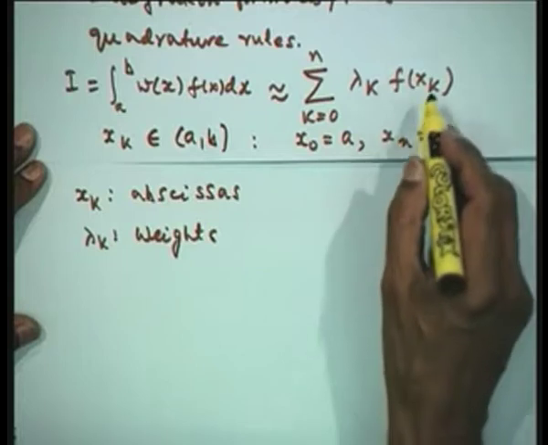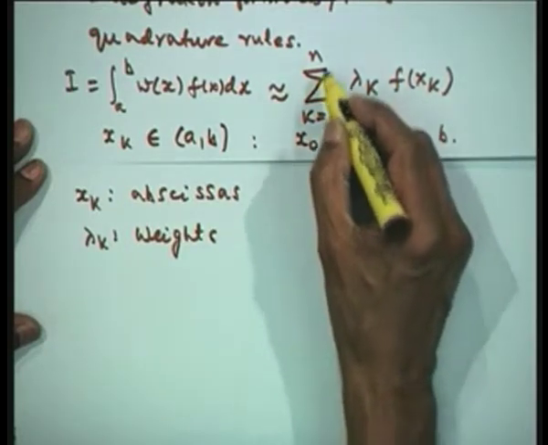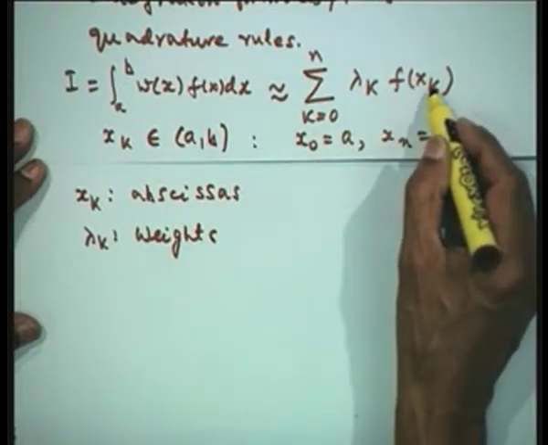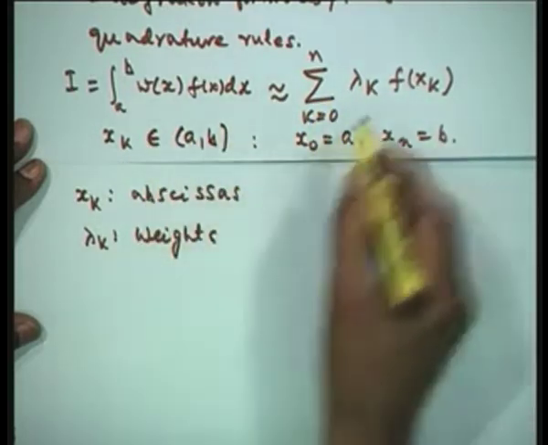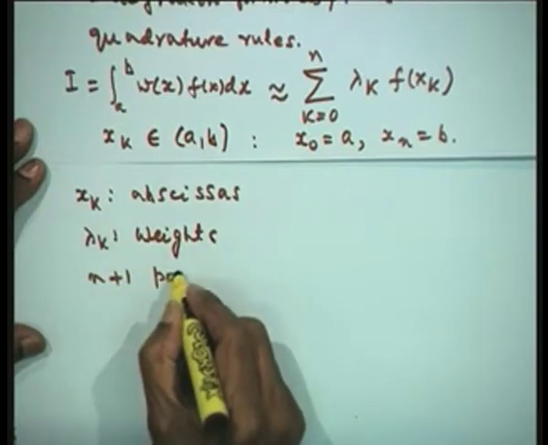Now, we can see that we are using in the integration formula a total number of n plus 1 abscissas. Since we are using n plus 1 abscissas, we shall call this an n plus 1 point rule.